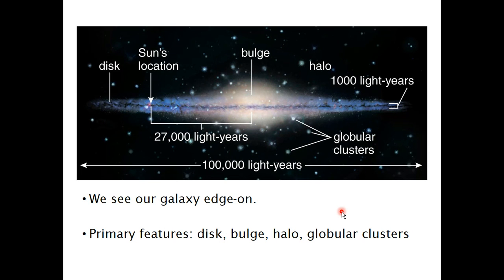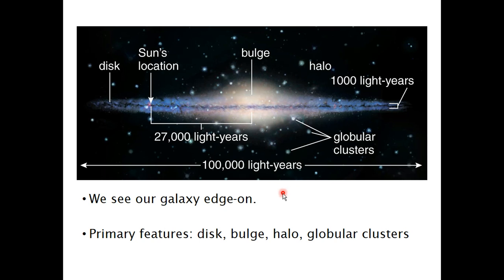So all of those pictures had some stuff in common. We see everything edge on, and that's how we see it because we're in it. If we could see it like we see other galaxies, we might be able to see it from above. But because we're in it, we have to infer things looking at an edge-on view.